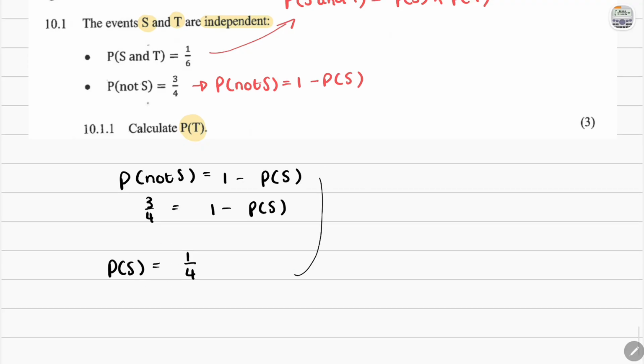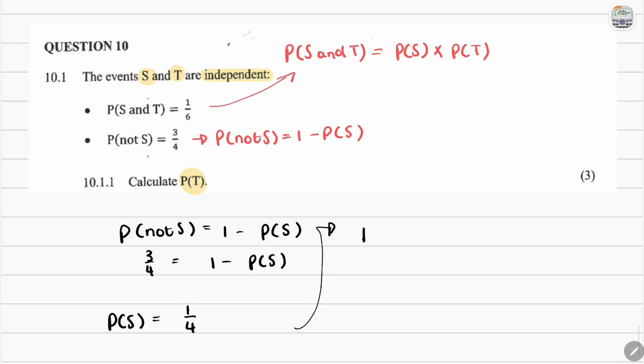And then we can use this here. So we can say the probability of S and T is equal to the probability of S multiplied by the probability of T. Now we have this value. It's 1/6.